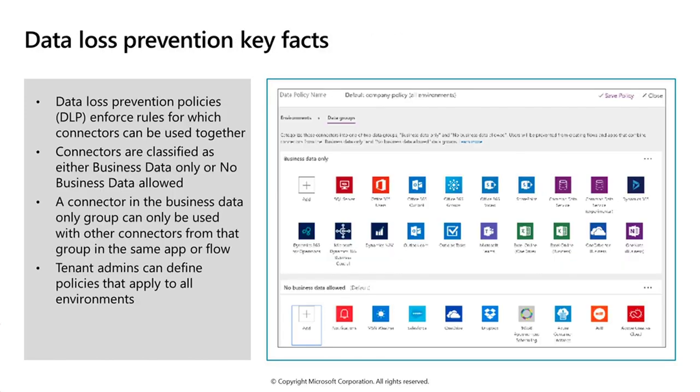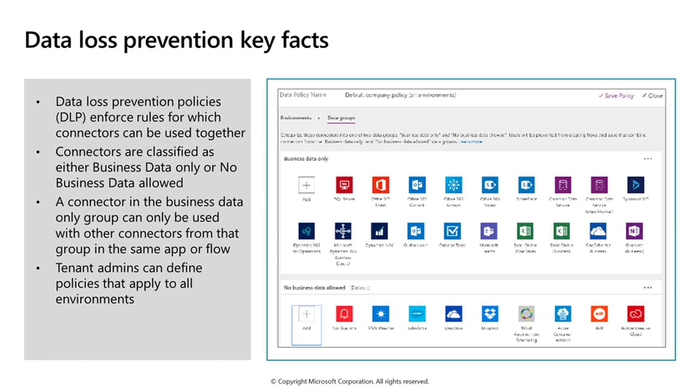The data loss prevention. This data loss prevention will help you to keep things separated. Whenever you need to develop an application that will store some data coming from your business system, you don't want to allow the user in the application to share this data with another connector that is not validated by the company.